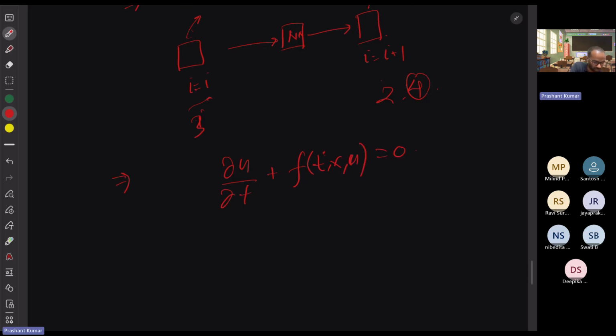When you solve this equation, you say that u i plus 1 is equal to u i plus dt into f of x comma t comma u. So if you want to calculate u i plus 1, you need u i, right? If you don't know u i, you cannot calculate u i plus 1. So this is a kind of forward process, right? Time always moves forward. You cannot go back in time.